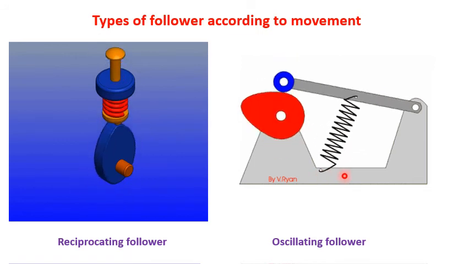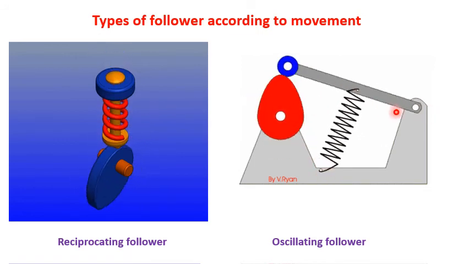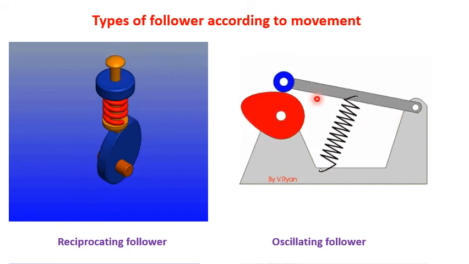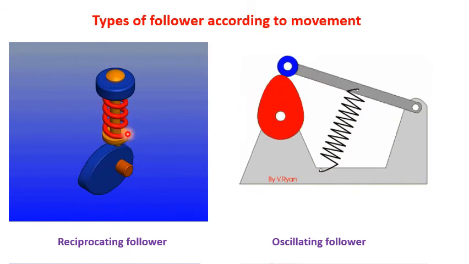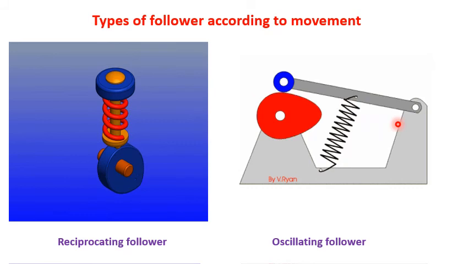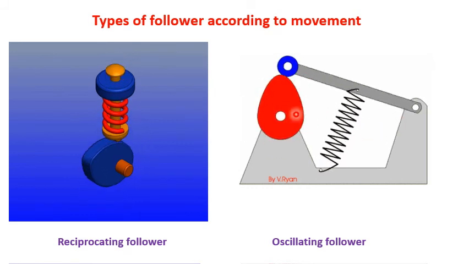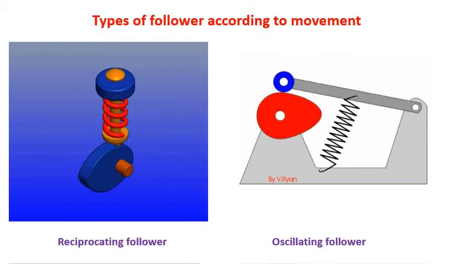Whereas in the oscillating follower, due to the rotation of the cam, an oscillating movement takes place in the follower. That is the difference between reciprocating follower and oscillating follower, and both are held in tight contact with the cam because of the spring connection.